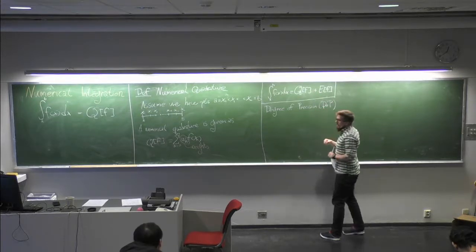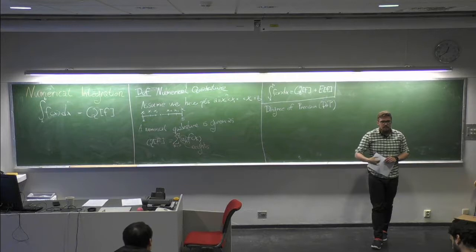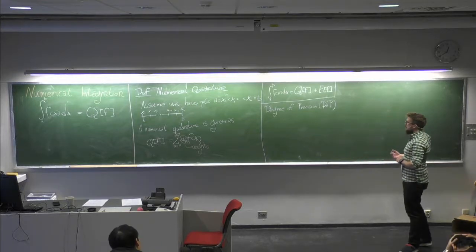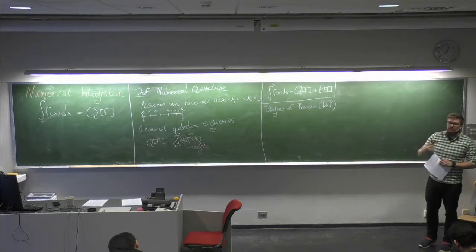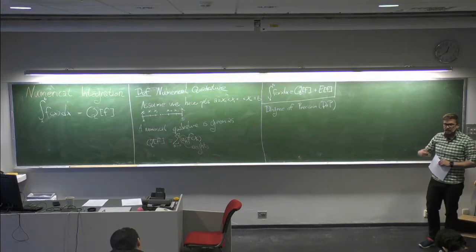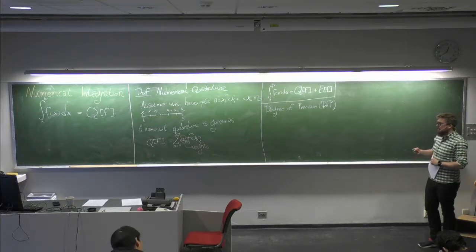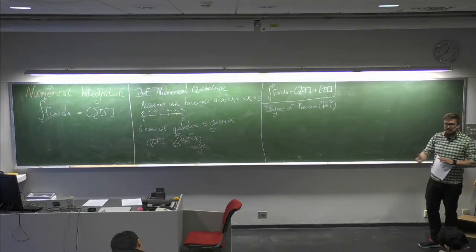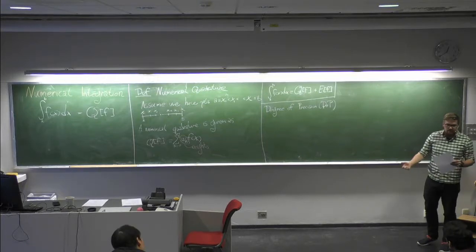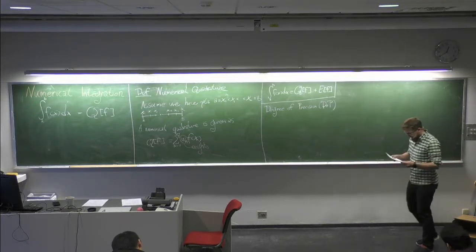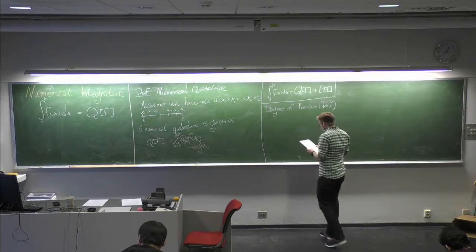Basically, if your quadrature can integrate a polynomial of degree 2 exactly, then it has a degree of precision 2. If it can do a polynomial of degree 6 exactly, then it has a degree of 6. That's the basic idea.